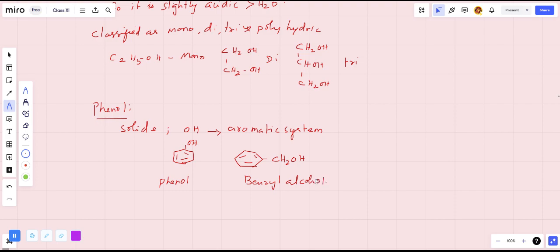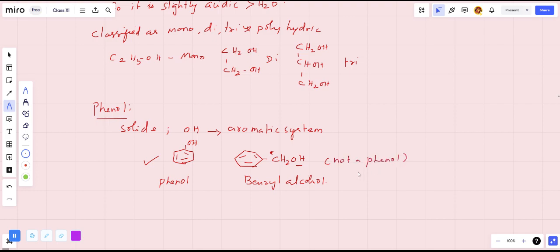Actually this carbon will not come under the aromatic system. In phenol, OH is attached with the aromatic system, but here the OH is not attached with the aromatic system. The OH is on this starred carbon, which is not a part of the aromatic system, so it is not a phenol. Don't get confused.